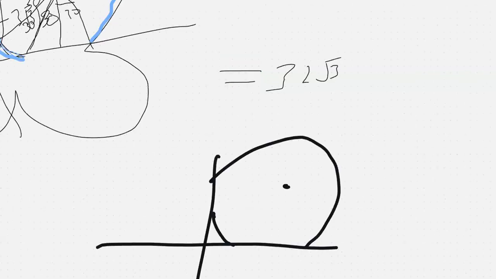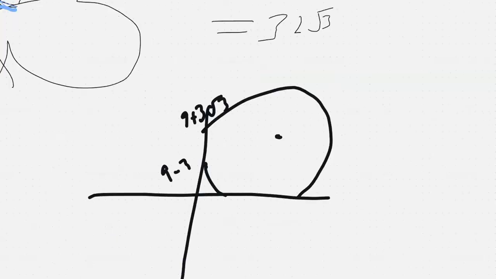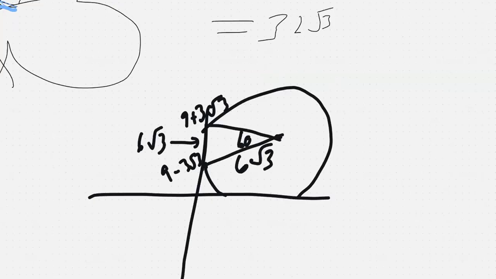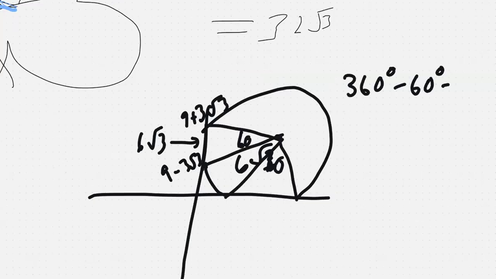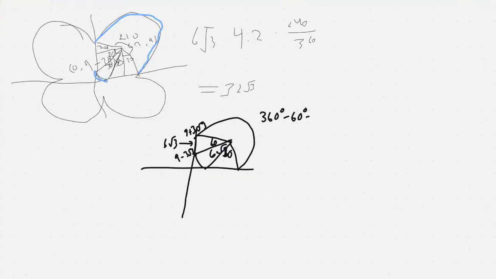So this length is 6 root 3, and the radius is also 6 root 3. So this is 60, and the same thing on this side, this 60. And so the part you need to count is 360 minus 60 minus 60. And so the angle you need to count is 240.